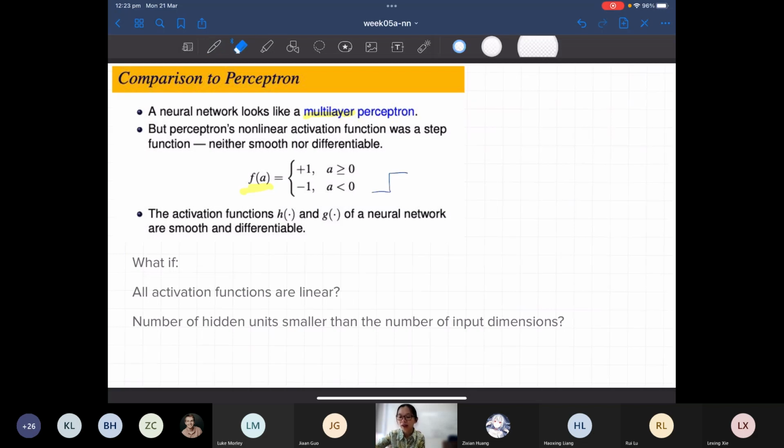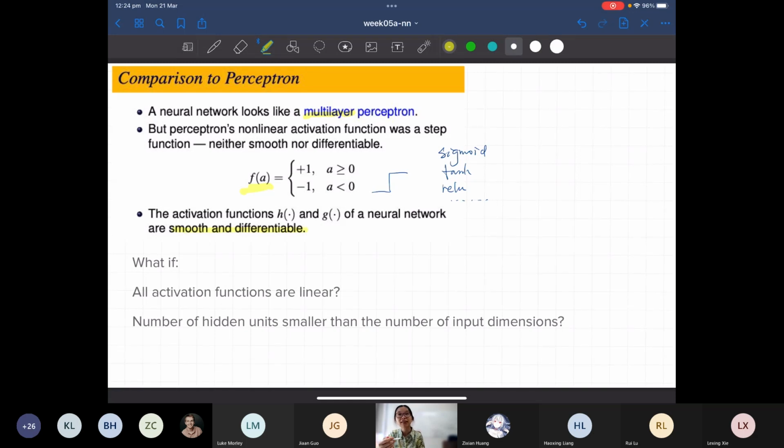But now we're looking at ReLU and many other garden varieties, right? So the claim is, hey, the activation functions h and sigma of a neural network are smooth and differentiable.